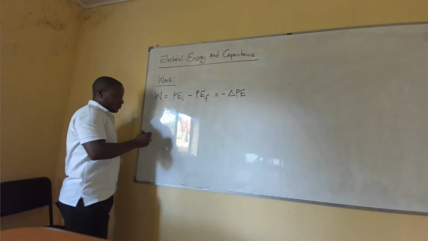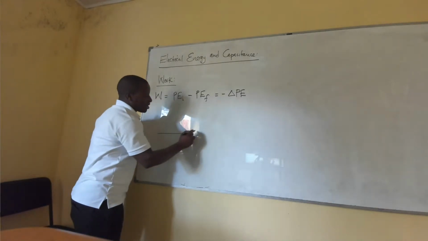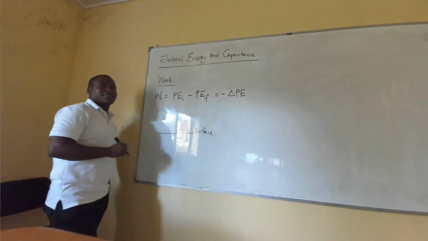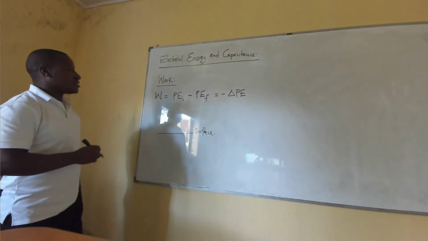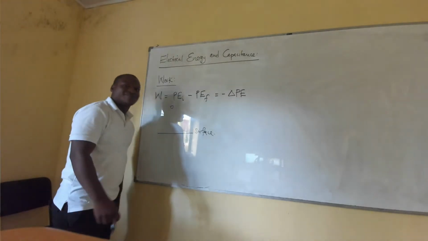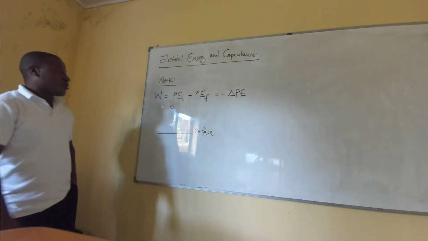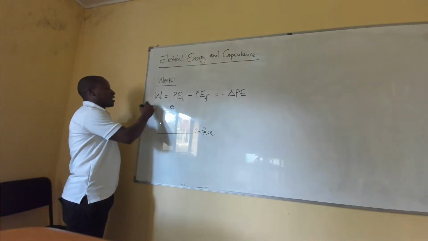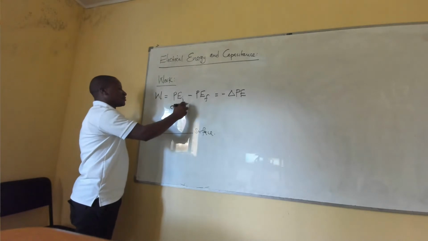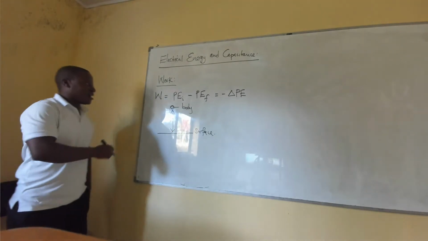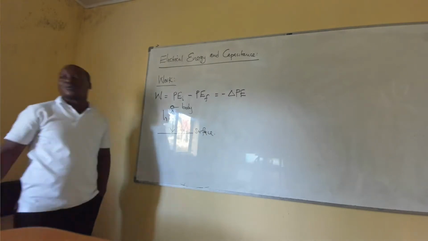For example, if this is our surface, and this is our body, which is at a certain height, we call this height h.